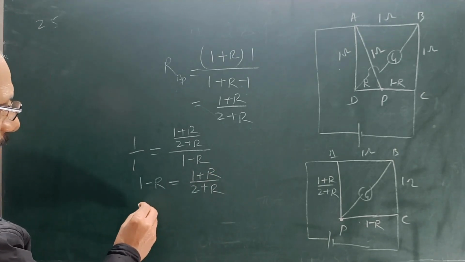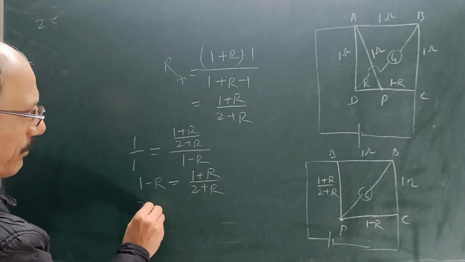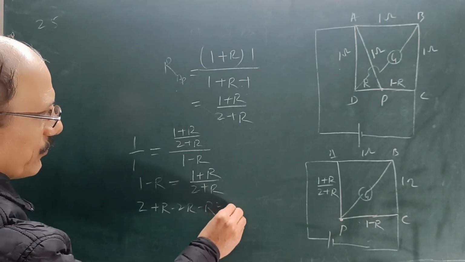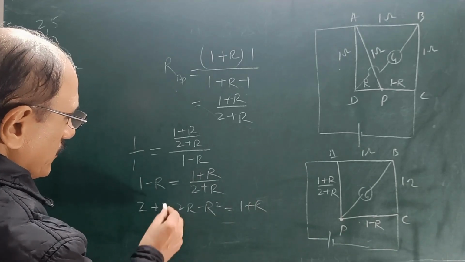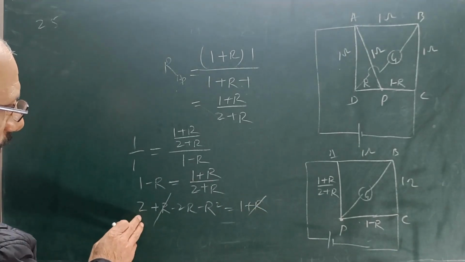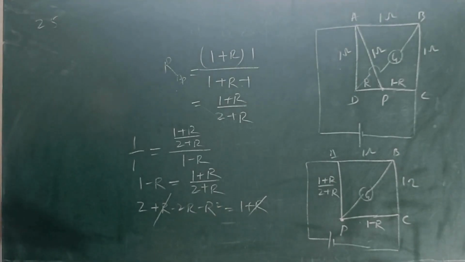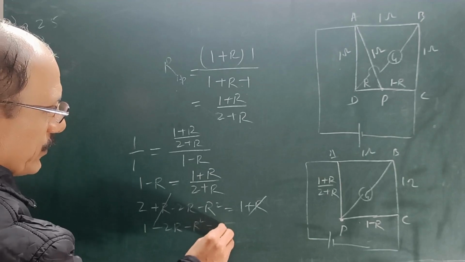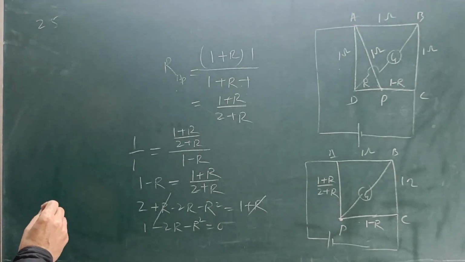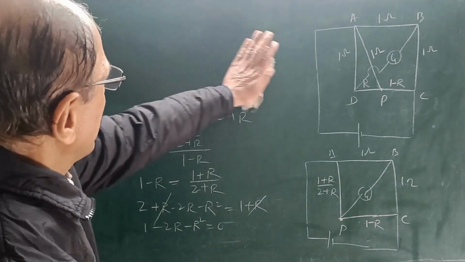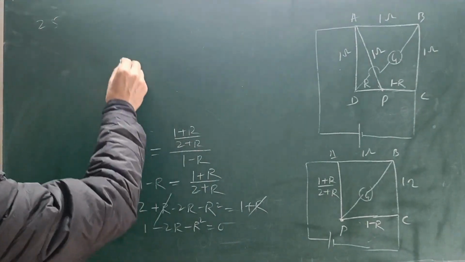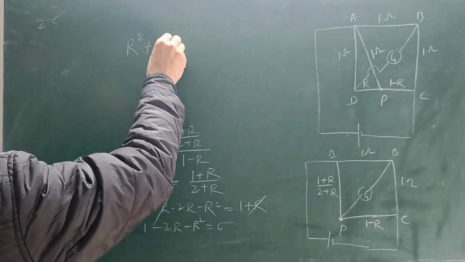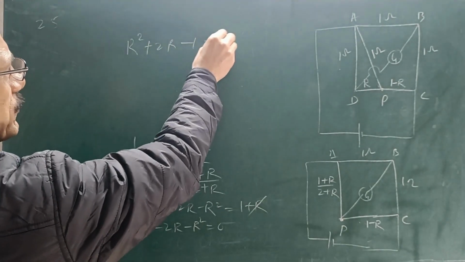So here 2 plus R minus 2R minus R square should be equal to 1 plus R. So this R will cancel out. So here it is 2 minus 1 is 1, minus 2R minus R square equals 0. So we have R square plus 2R minus 1 equals 0.